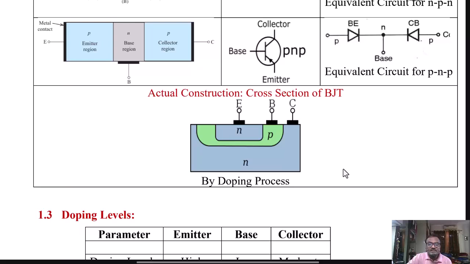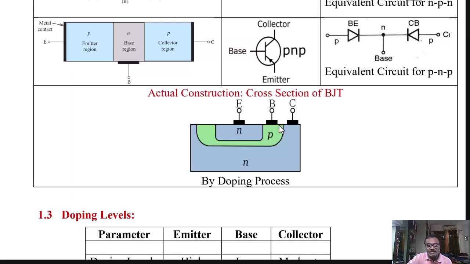The actual construction is shown in this figure. The cross section of the BJT is shown there. During the fabrication process, they will first create an N-type material, shown here. In this N-type material, by the doping process, a trivalent impurity is added to create a P-type island, as shown by the green color.